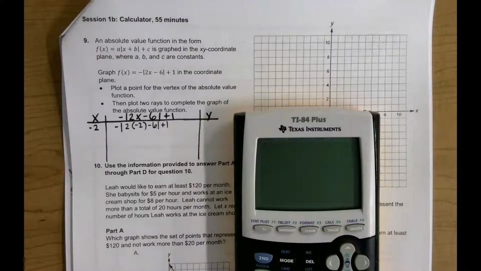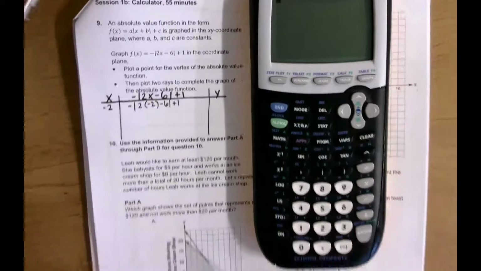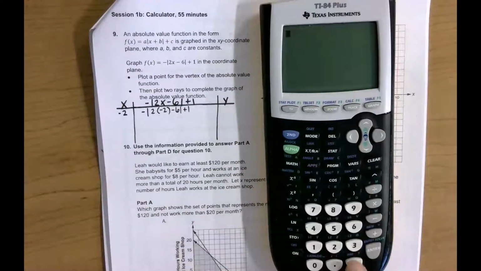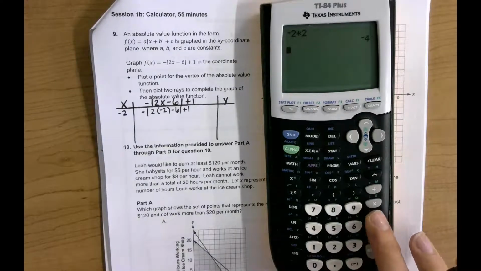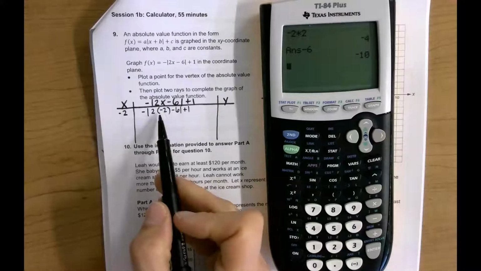So if we do negative 2 times 2 equals negative 4, and then negative 4 minus 6 would be negative 10. That's in the absolute value bars.